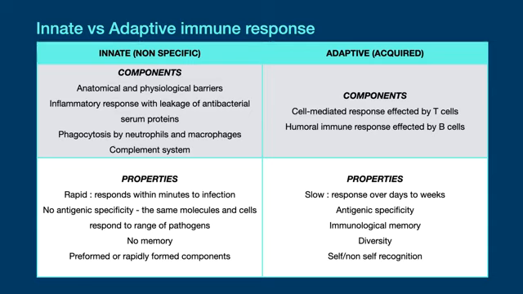There is rapid response within minutes to infection, no antigenic specificity, no memory, and preformed or rapidly formed components. As for the adaptive immune response, it is mainly cell-mediated, affected by T cells, and humoral immune response affected by B cells. They are very slow in response, over days to weeks. They have antigenic specificity, immunological memory, and self or non-self recognition.